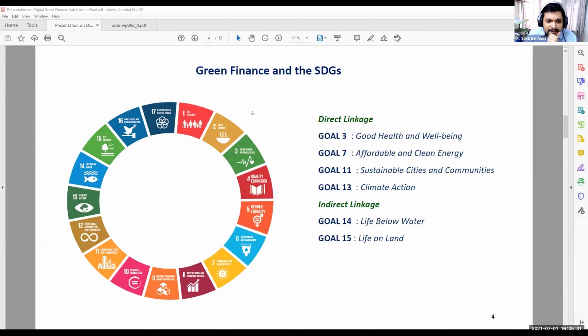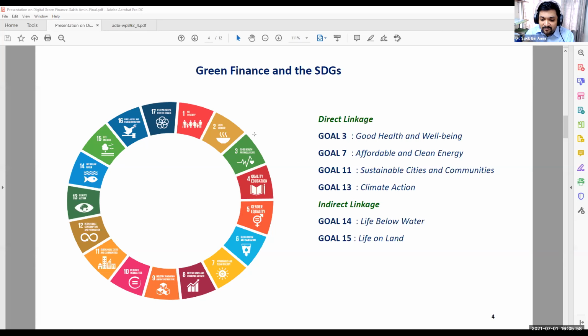This slide shows the importance of green finance and SDGs. There was a paper by Taghizadeh-Hesary and Yoshino, where they argued that for future energy security, renewable investment is essential for any country, and there is a need for green finance.